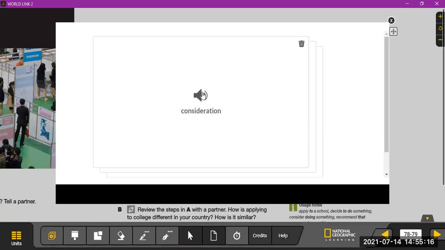Consider. Consideration. Consideration. Decide. Decide. Decision. Decision. Observe. Observe. Observation. Observation. Recommend. Recommend. Recommendation. Recommendation.